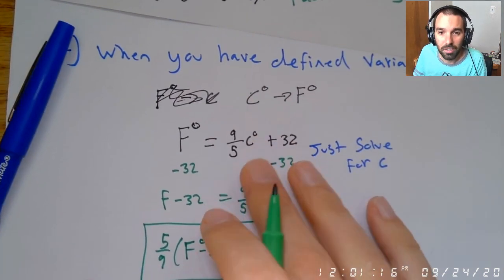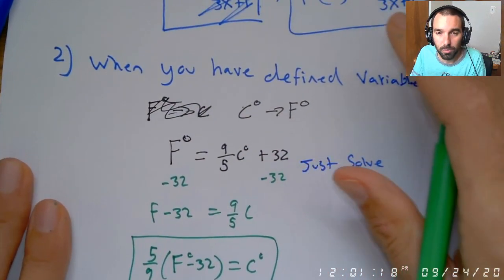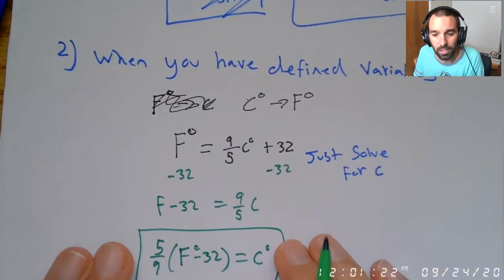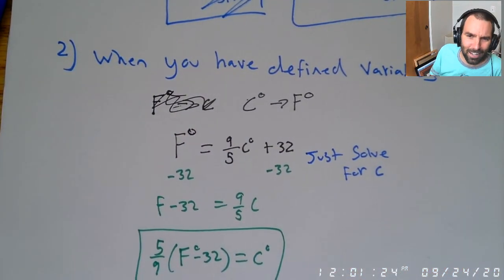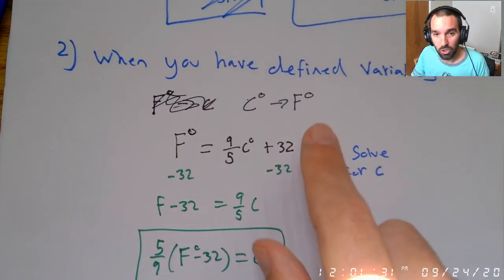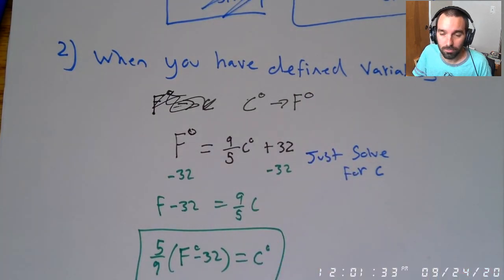We aren't going to be doing these. This is more of a science thing, so we leave this to science. But I just want you to know, in science class, don't be like, that's not how you do it, Kreft told me how to do it, he's never wrong. So just know, if they're defined variables, you just solve. You don't have to do the switch thing.